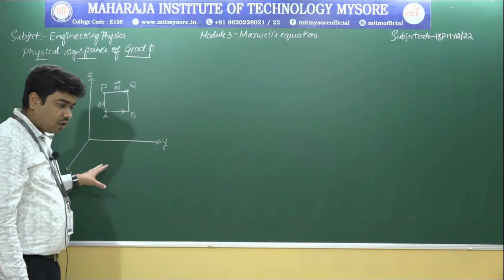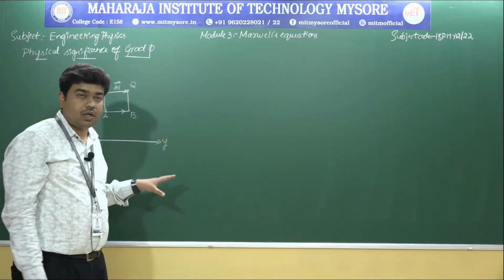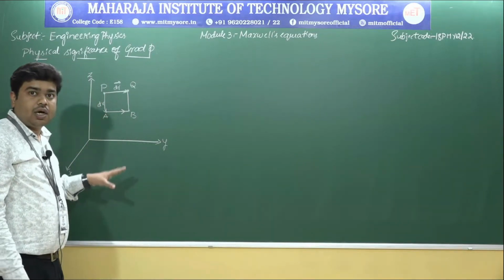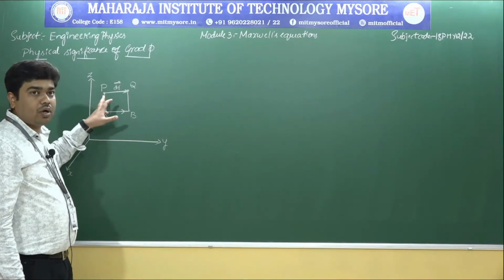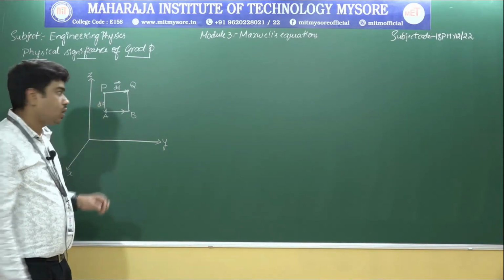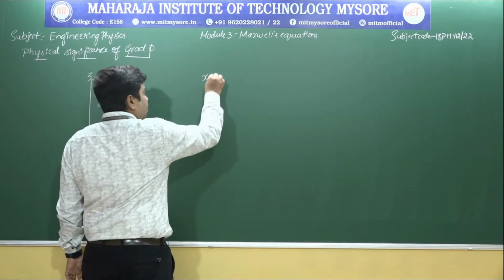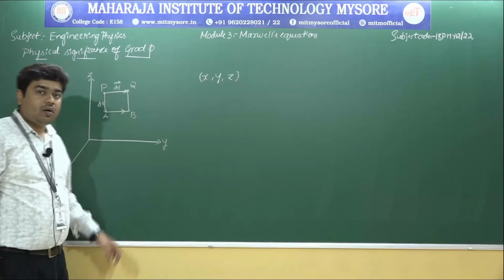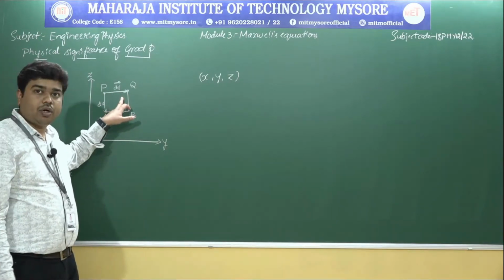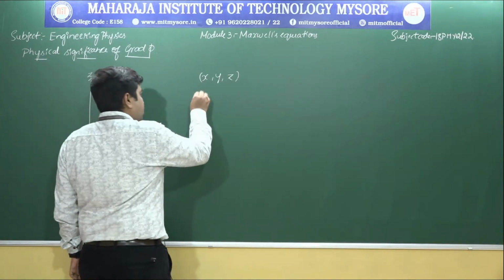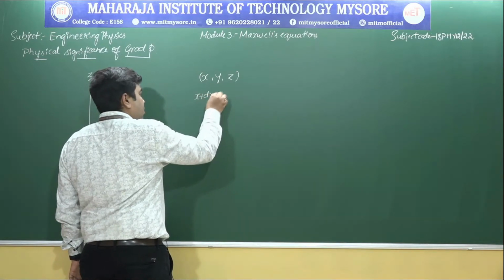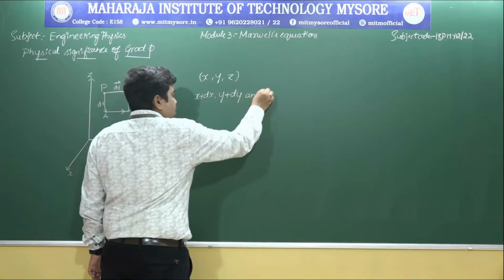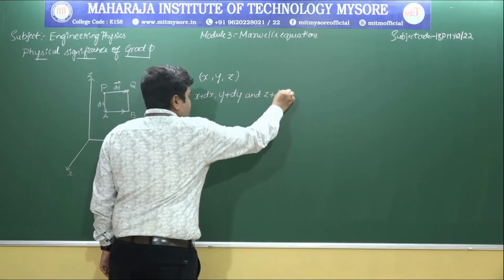This is called as the gradient of a scalar field. Now, in order to find out the physical significance of the gradient of a scalar function phi, let us consider a three-dimensional space, and in the three-dimensional space let us consider a point P with the position coordinates x, y, z, and very near to it let us consider another point Q with the position coordinates x plus dx, y plus dy and z plus dz.